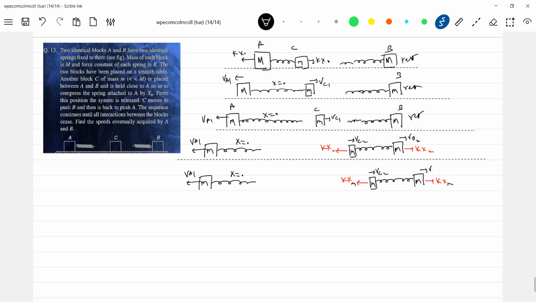Both will have common velocity, because we are just searching what will happen.